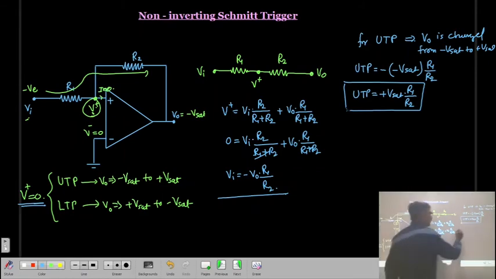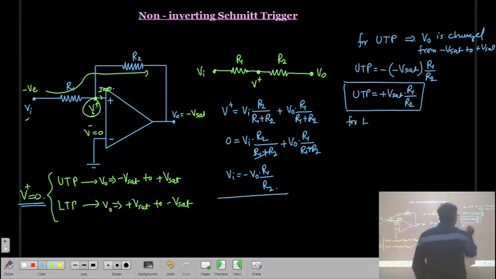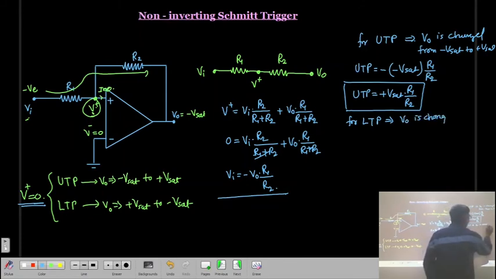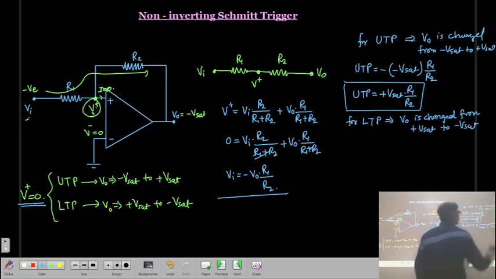And for LTP, the output changes from plus V saturation to minus V saturation.